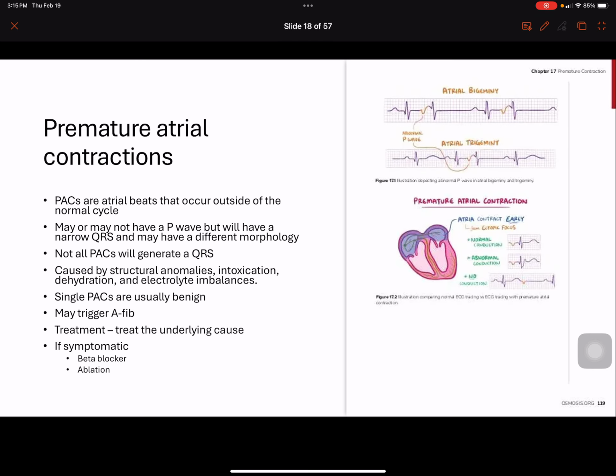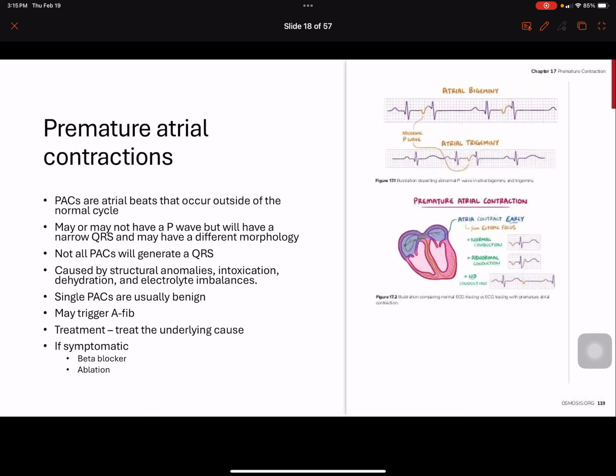Okay, the first atrial arrhythmia, and this is a very common one, is called premature atrial contractions, or PACs. And so these are abnormal atrial beats that occur outside of that normal cardiac cycle. So what it looks like is we call these ectopic beats.